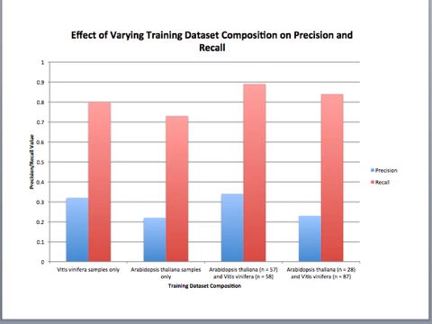In this case, we looked at Vitis vinifera, and we found that a 50-50 mixture of Arabidopsis thaliana and Vitis vinifera in the training set actually led to the best results, the highest recall. The reason for this is most likely that when trained on just Vitis vinifera samples, there was too much overfitting, so it couldn't generalize to new microRNAs it had never seen before.